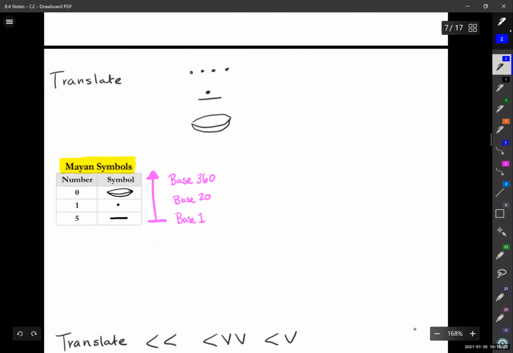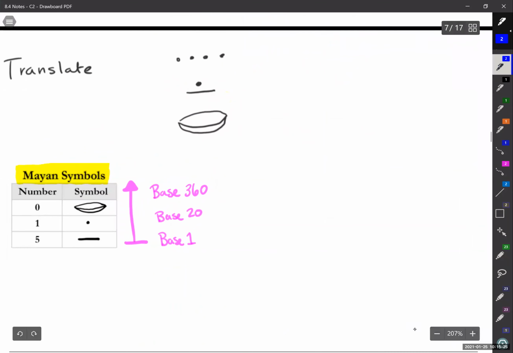Now let's go to our Babylonian and Mayan symbols. This is our first at Mayan. Remember, Mayan's written top to bottom. Or sorry, the top is the highest base, the bottom is the lowest base. So if you want, you can always start at the bottom and move upwards. Think about how many sections there are within here, groupings of symbols.